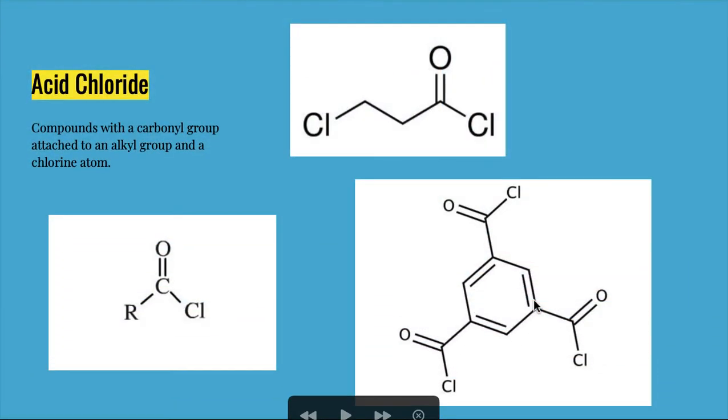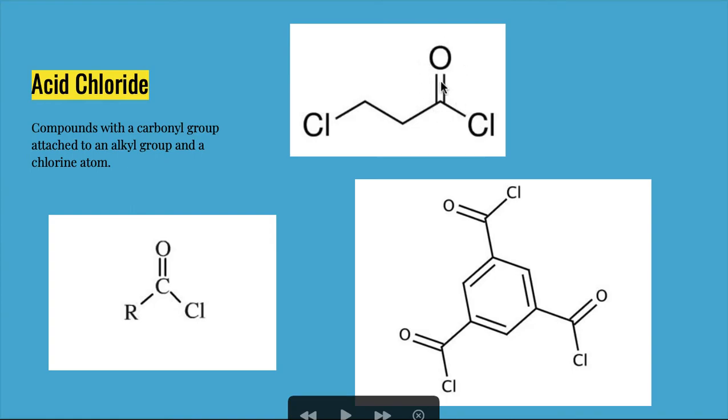So the next one is acid chloride. An acid chloride is a compound with a carbonyl group attached to an alkyl group and a chlorine atom, which isn't that hard to remember because chloride is in the name. So again, here's the representation, the carbonyl group attached to an R group and chlorine. You can look at some examples over here.